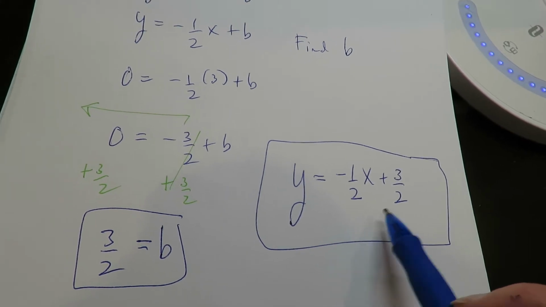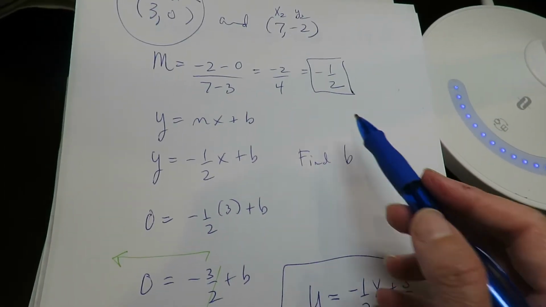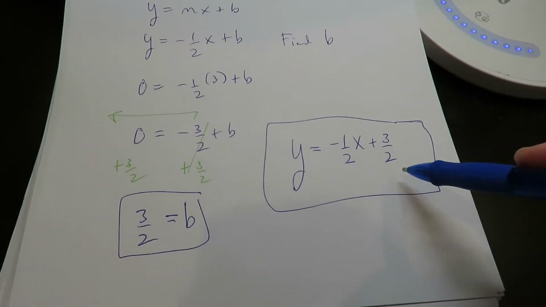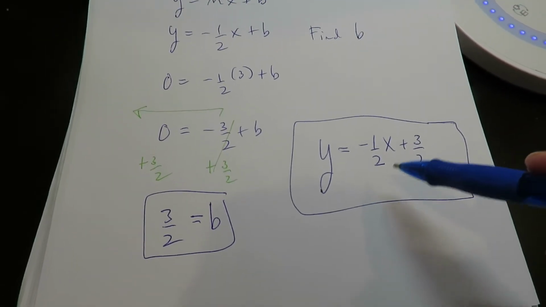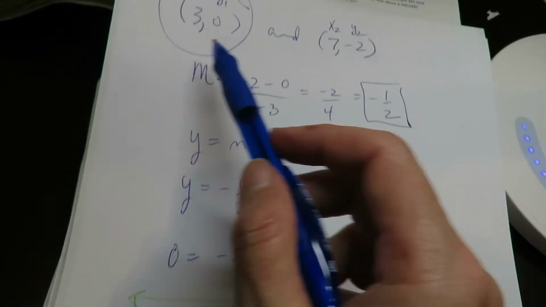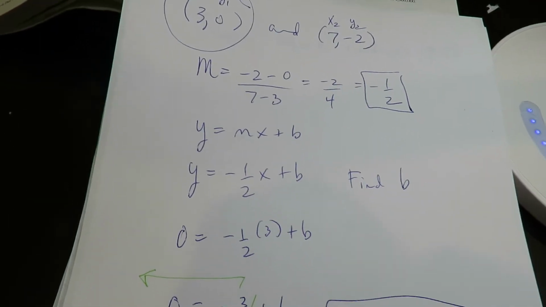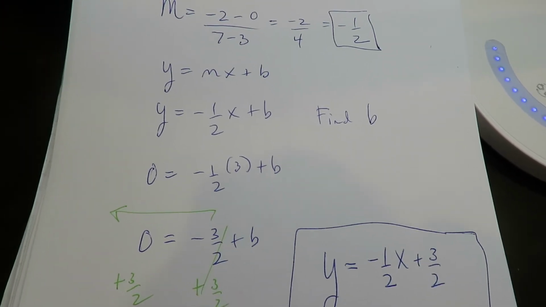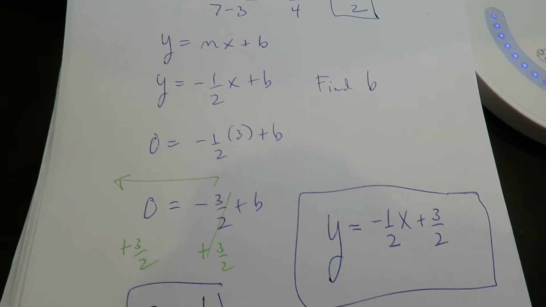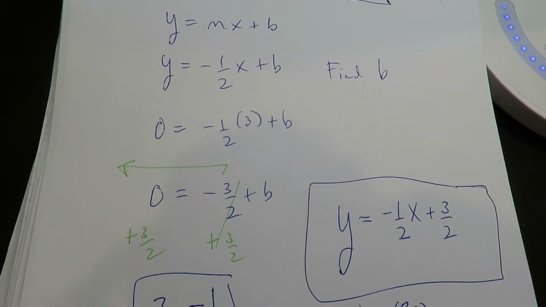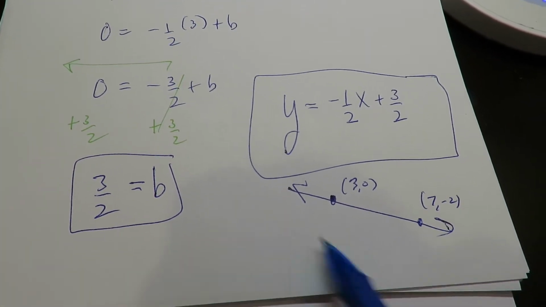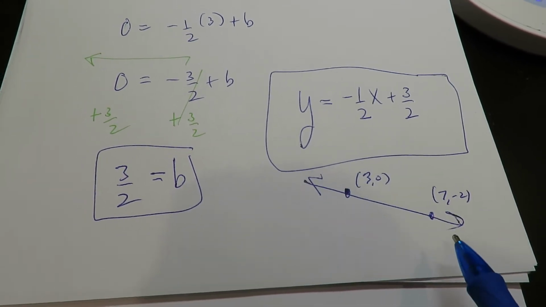Just make sure at the end you actually put the final answer. Some people just find m and b and they stop there. Make sure m and b both go into the final answer. So this is the line that goes through these 2 points. When I draw this line, those 2 points that we started with are going to be in it. So we basically found a line that goes through those 2 points. That's the idea.